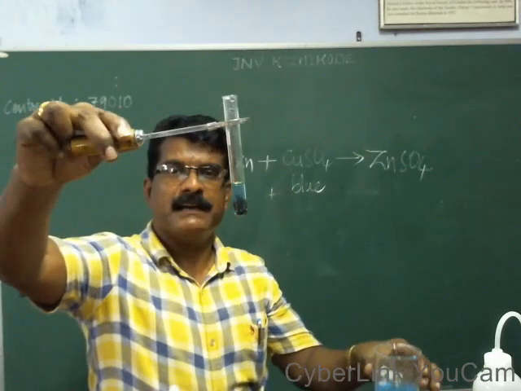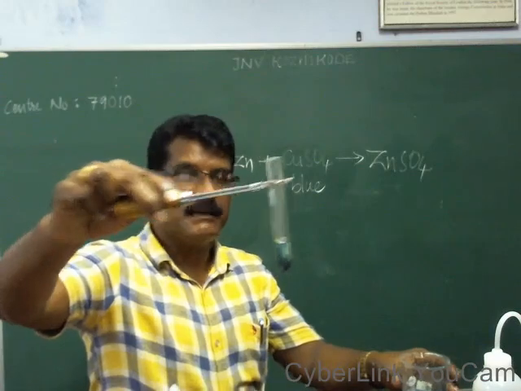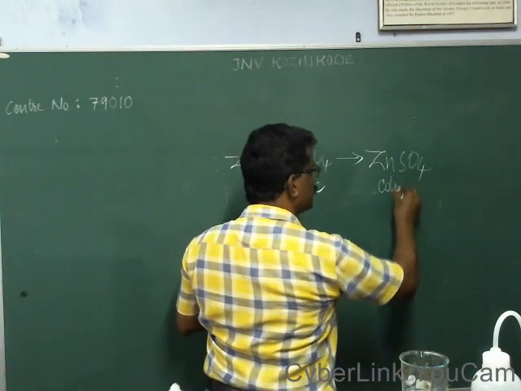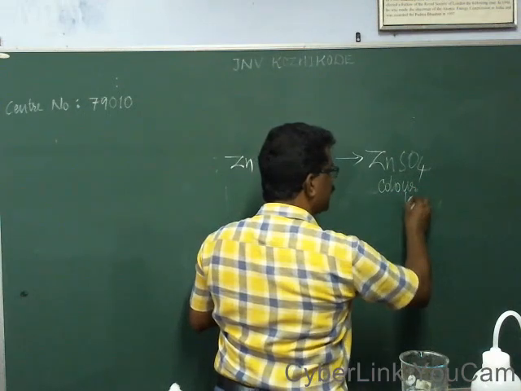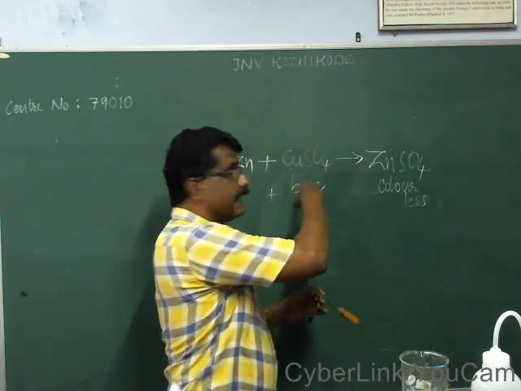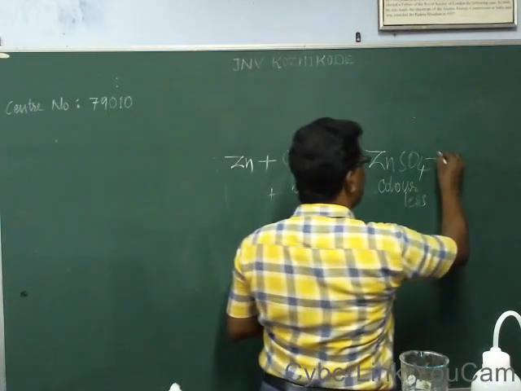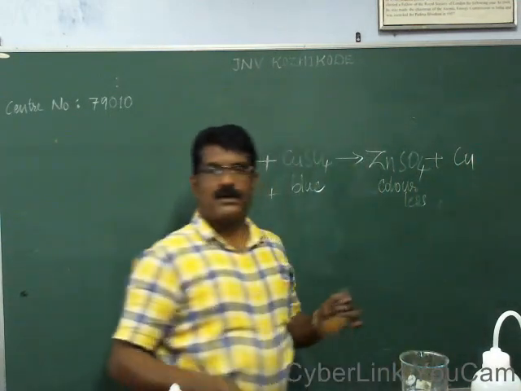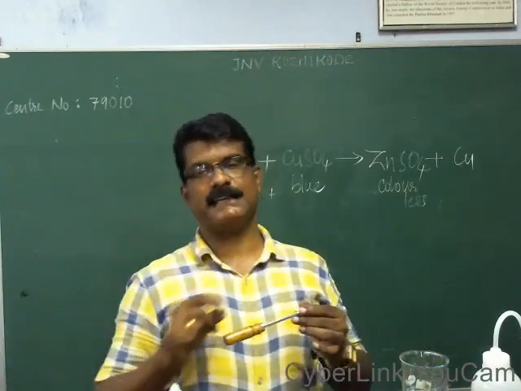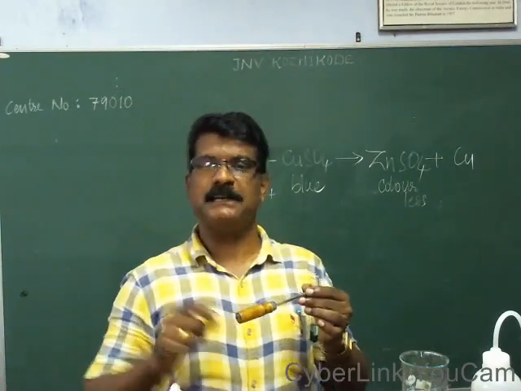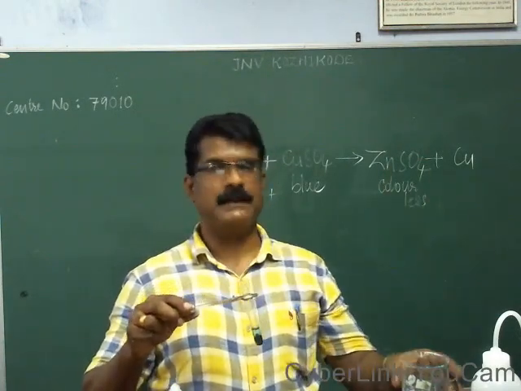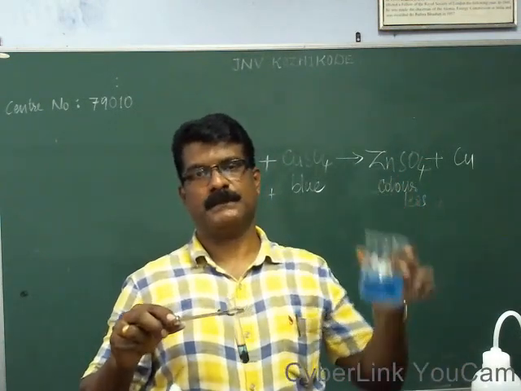Now it became colorless. Why is it colorless? Because zinc sulfate is colorless. Copper is being displaced by zinc, and zinc sulfate and copper are formed. From this displacement reaction, we can understand that zinc is more reactive than copper. Are you clear?